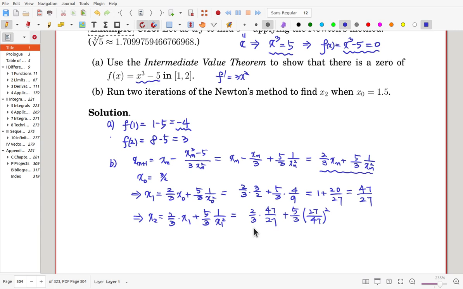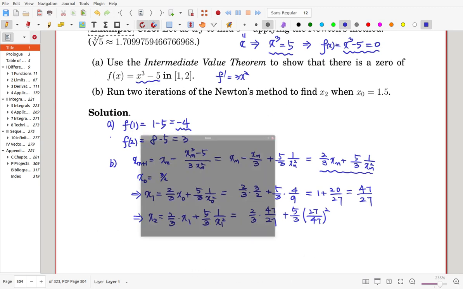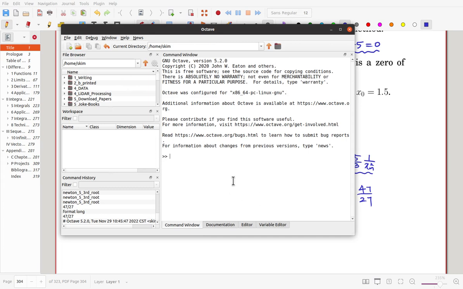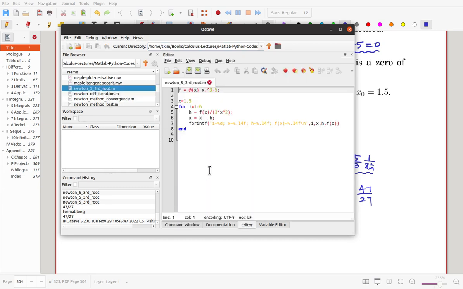Okay, let's see the computer output for this problem. Let's open here. That is Octave, and the directory is here. I made a file, Newton 5/3 root .m, defined here.